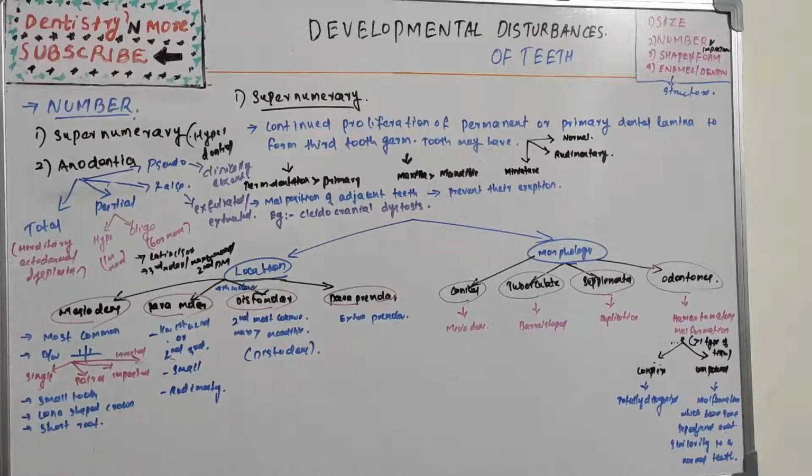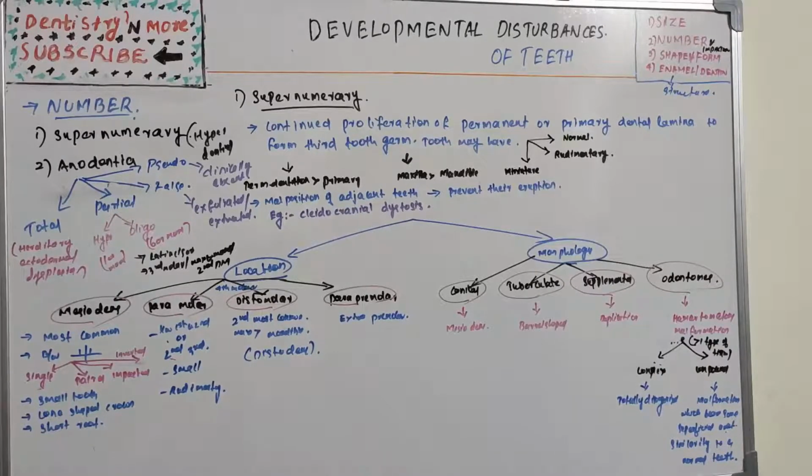We have seen ectoderm, endoderm, mesoderm. So ectoderm is the portion from which the teeth originate. So it is a hereditary condition of dysplasia of ectoderm, resulting in complete loss of teeth, or there will not be any teeth at all. That is anodontia.